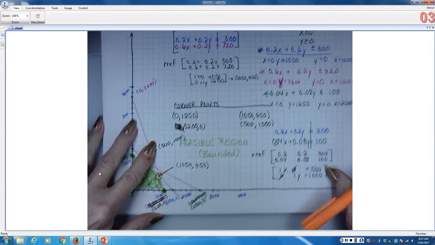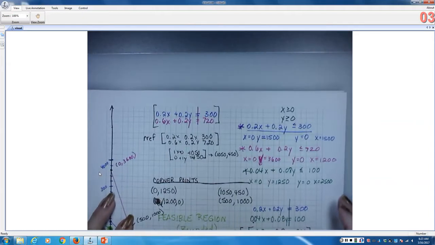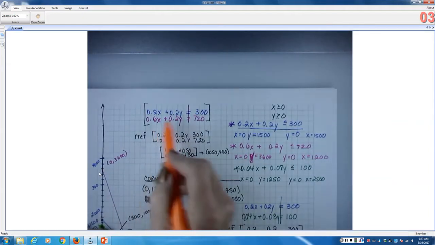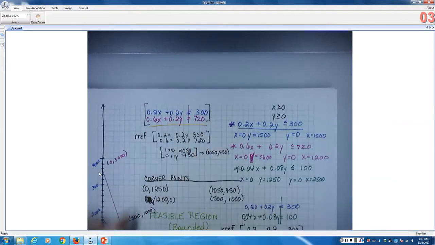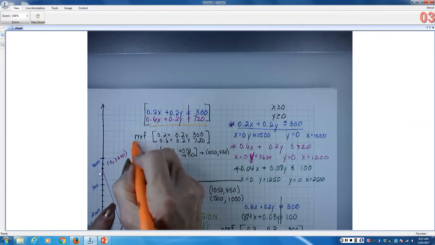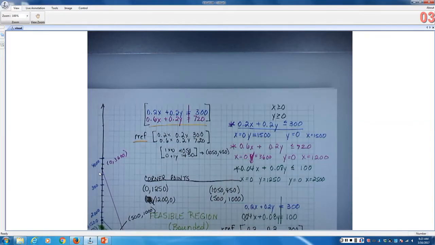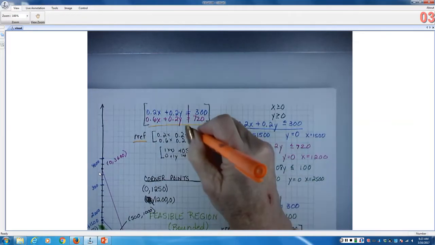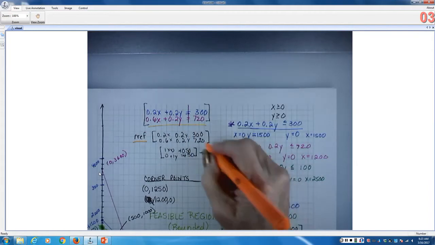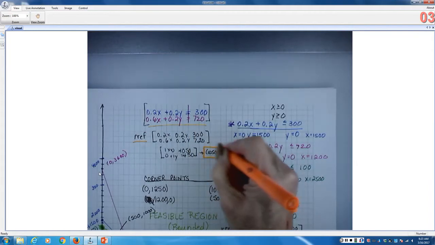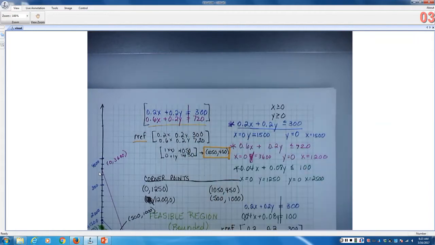So what we did was we went back and found the equations for those, and we put those equations together in a matrix, and we used the reduced row echelon form of that matrix to find the solution. And the solution for the pink and the blue turned out to be 1050, 450, which is right here.